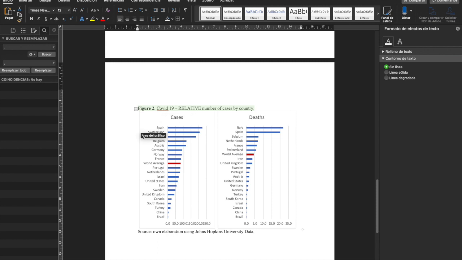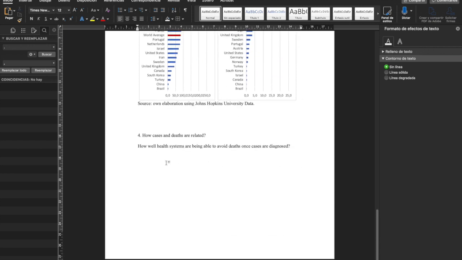You use the scatter plot. So, cases and, or always, COVID-19 cases and deaths by country.